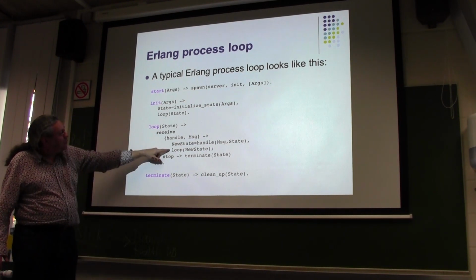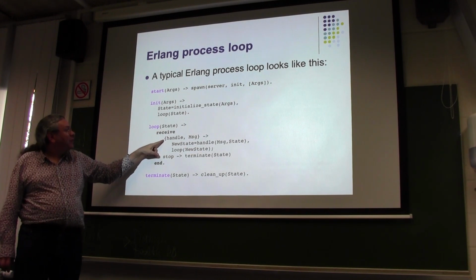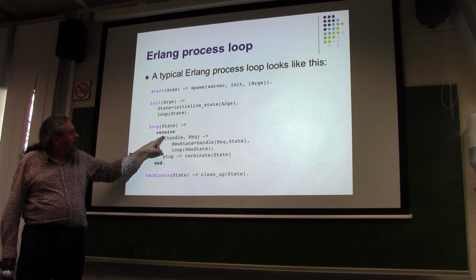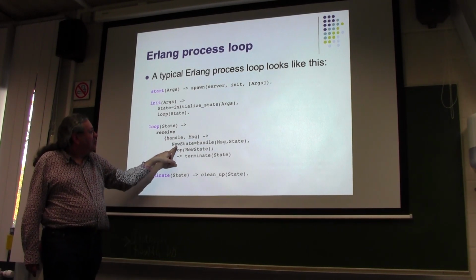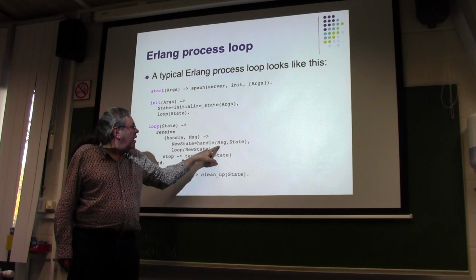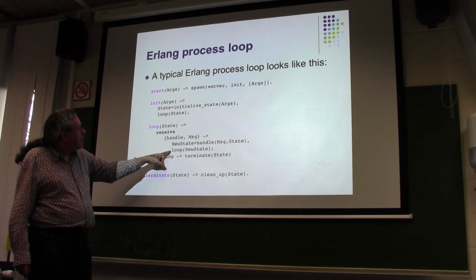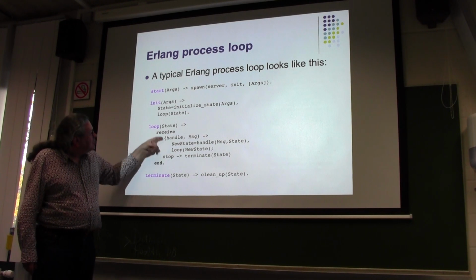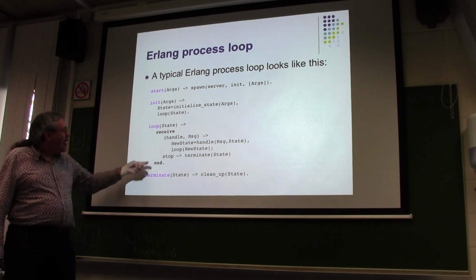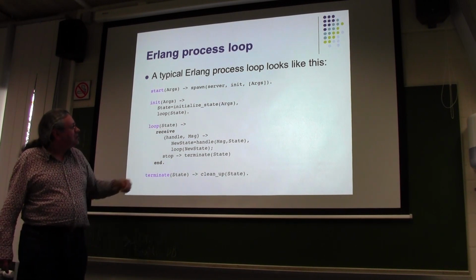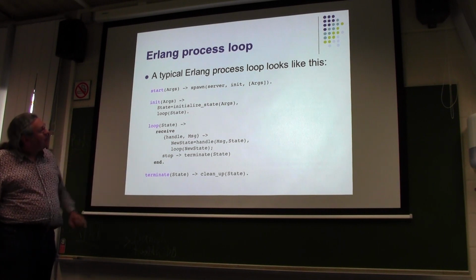The loop is a recursive function, and it receives requests that we have to handle. Here's a tuple, handle message, and new state. It calls handle on the message and the state, and then it goes to the new state. You can see this is very similar to a port object, and it is basically just doing one message after the other. It's a very simple server.